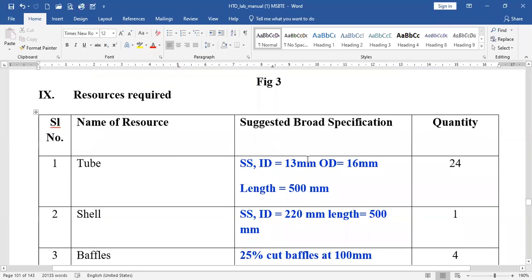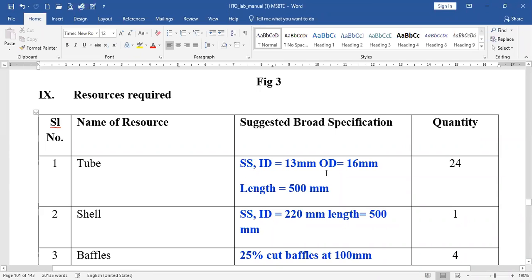Now, what are the resources required for this experimental setup? We require tubes. In the experimental setup where we are going to conduct this experiment, there are 24 tubes under this shell. Only one shell is there. The tube material of construction is stainless steel.